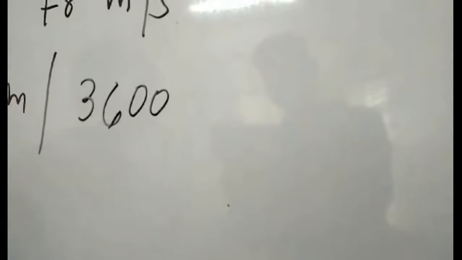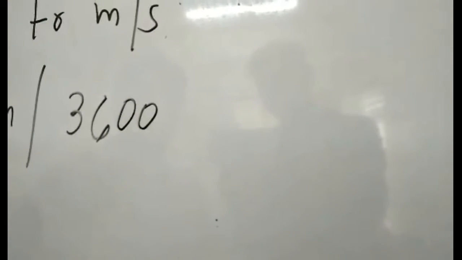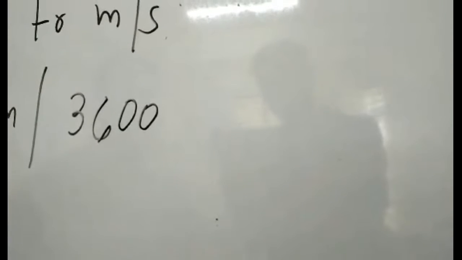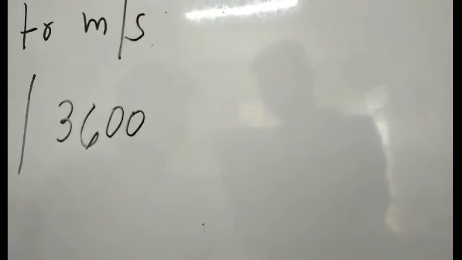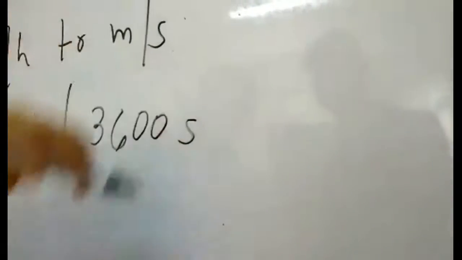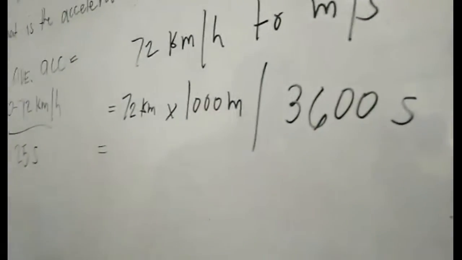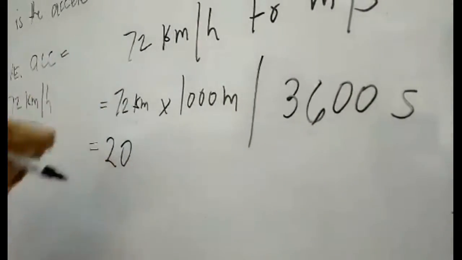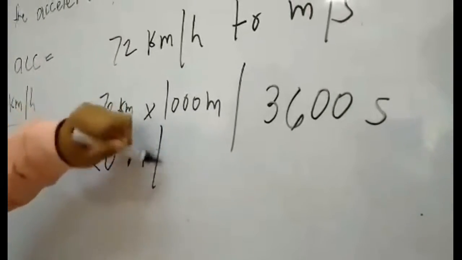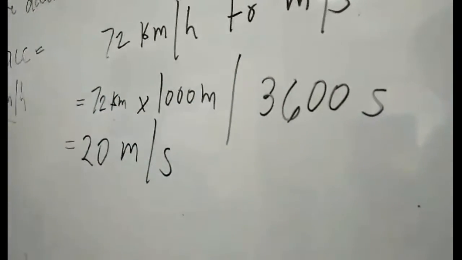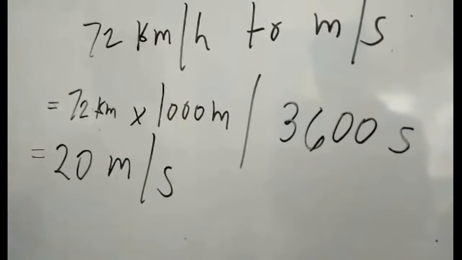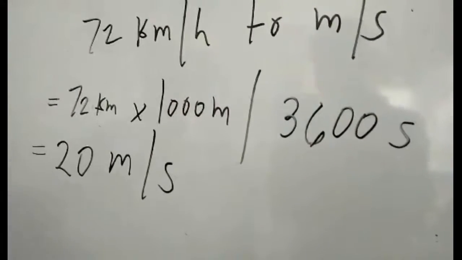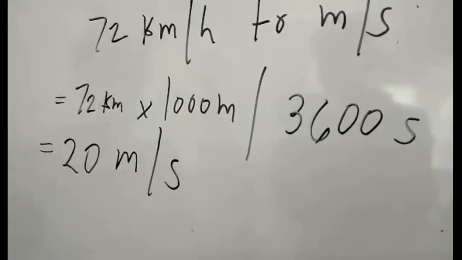So, 3,600 is the total of 60 minutes in 1 hour and 60 seconds. Here is the total. And then, we compute it on the calculator. The total of 72 km per hour to meters per second is 20 meters per second.